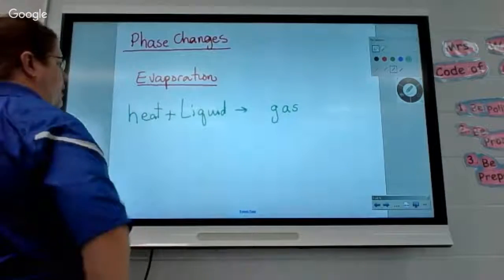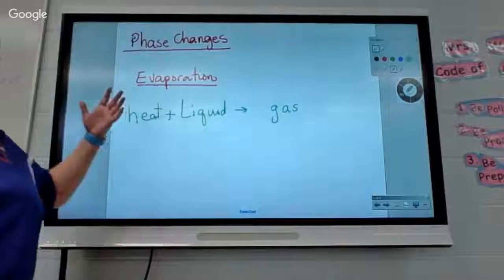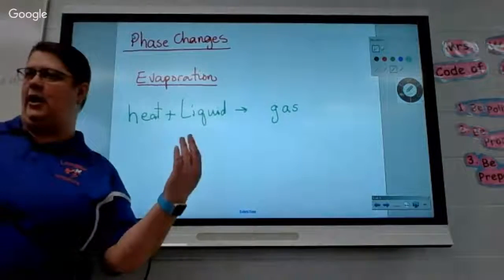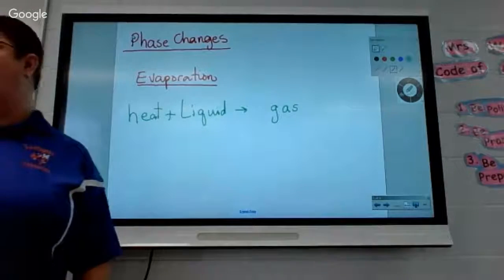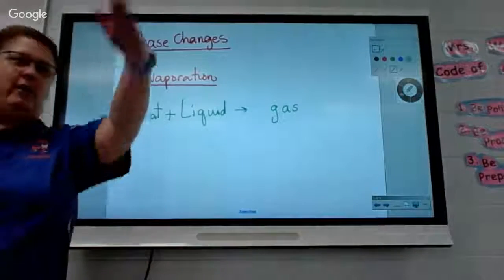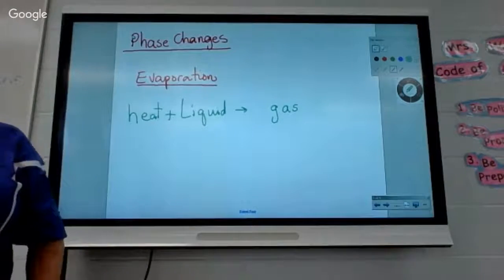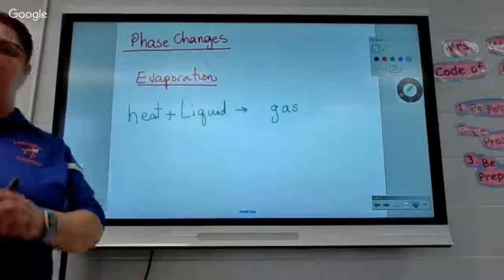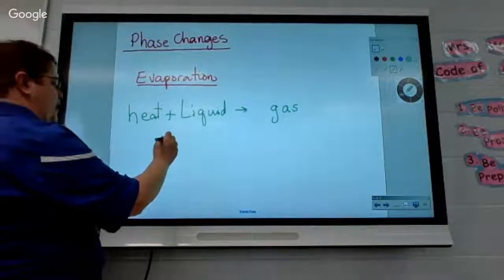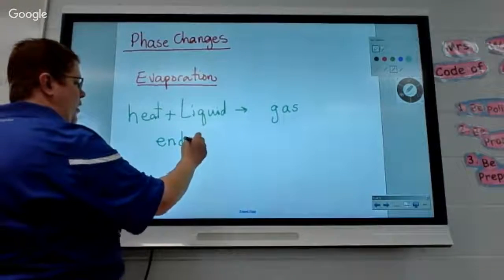So does that make it endo or exothermic? Clearly we disagree. It's endothermic. I would expect y'all to know that that's endothermic.